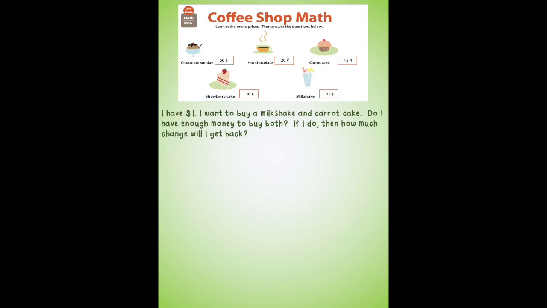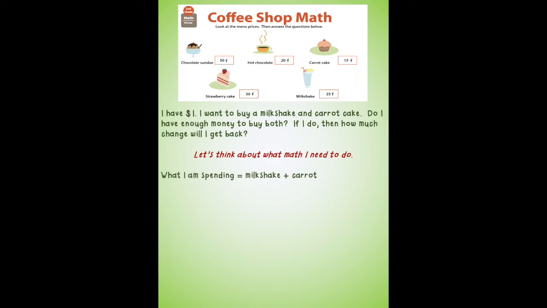I have $1. I want to buy a milkshake and carrot cake. Do I have enough to buy both? If I do, then how much change will I get back? Let's think about what math I need to do. First off, I need to think about what am I spending?